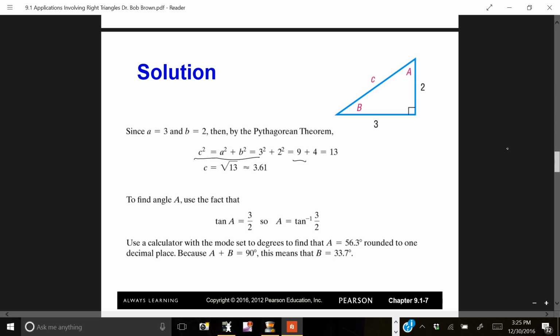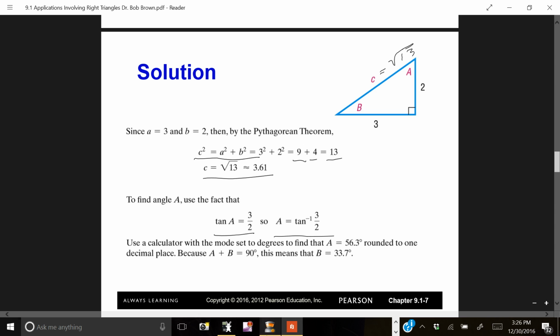That's 9 plus 4 equals 13. And so c is the square root of 13, which is 3.61. To find angle A, we will use the fact that tangent of A is equal to 3/2. So A is equal to inverse tangent of 3/2.